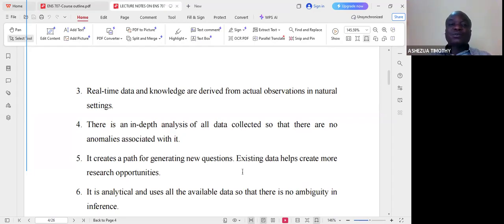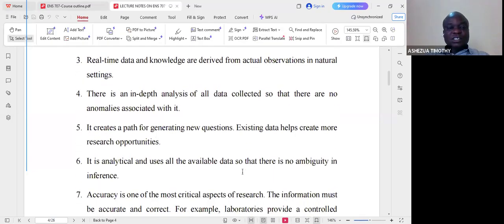So those recommendations are for the next researcher who will come, pick it up just from there. So sixth, it is analytical and uses all available data so that there is no ambiguity in inferences. This I've explained.